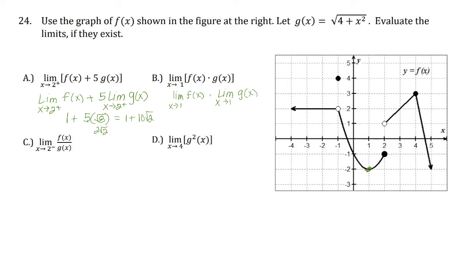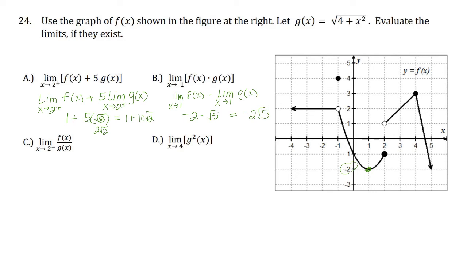So that's a nice value of negative 2. So we're going to have negative 2 from this side times, and if we sub in 1 up here, we're going to get the square root of 5. And so our answer is negative 2 square root of 5.